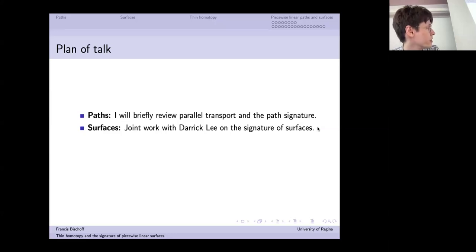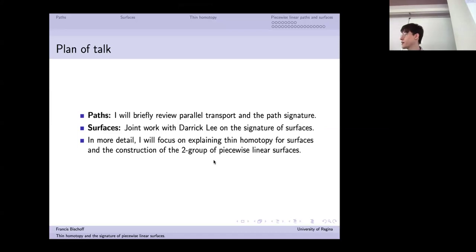This is joint work with Derek Lee, and I would say also contributions from Camilo Arias-Abad. Two of the things that I want to focus on are explaining thin homotopy for surfaces and also a construction of a 2-group of piecewise linear surfaces.